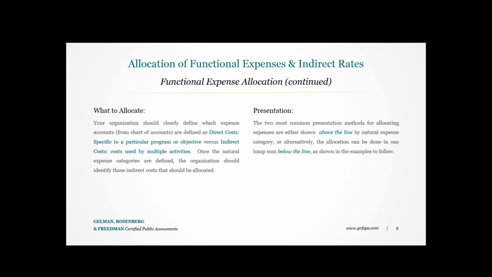So I want to take us through a couple of very simplified basic processes to put together a functional expense statement or develop a functional allocation plan. And so one of the very first steps that I think is critical in this process is to clearly define all the different components that you would need to be able to do this.